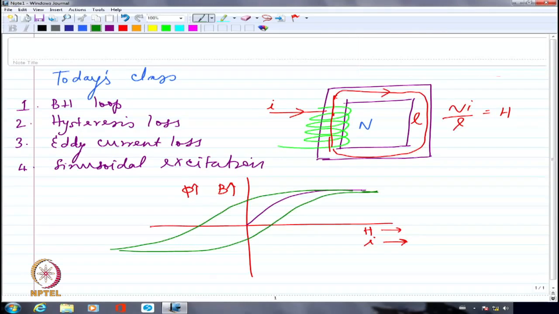Whereas when we subject it to an external magnetic field by passing the current, that is going to do some work on these domains, and physically they are going to be aligned along with the external magnetic field.